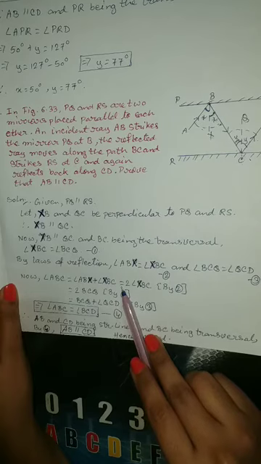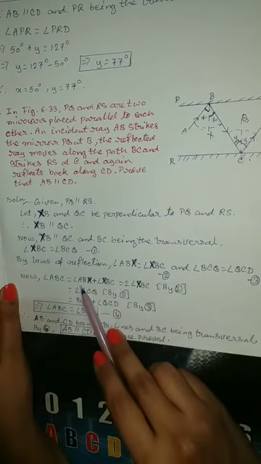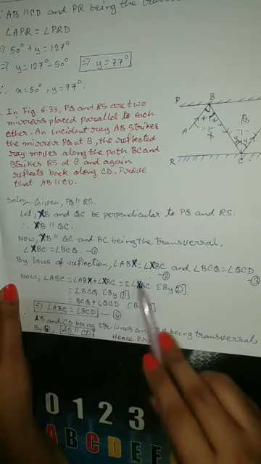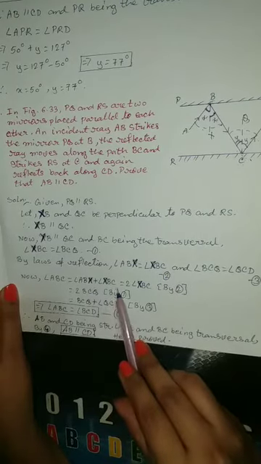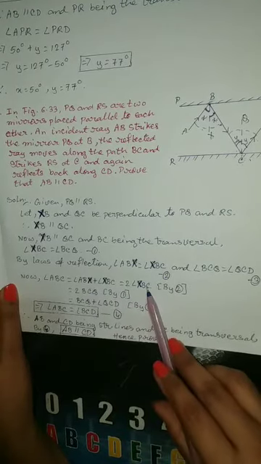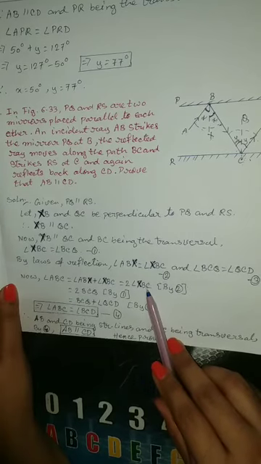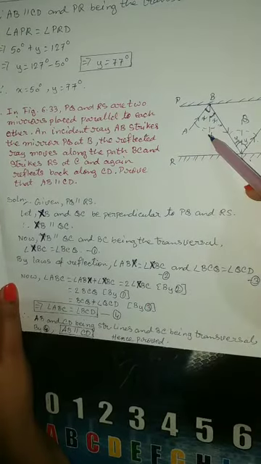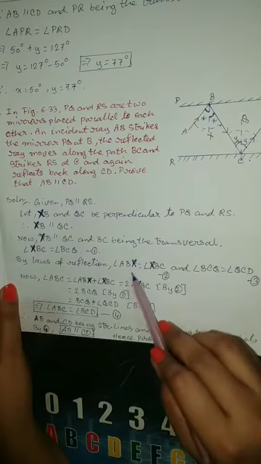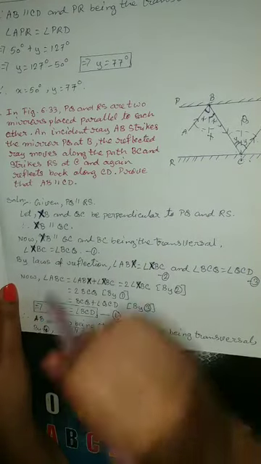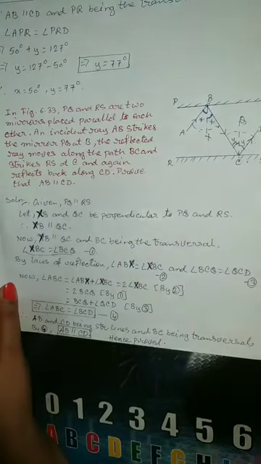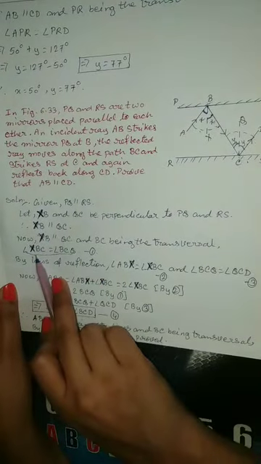So we can replace ABX by XBC, so it will be XBC plus XBC, that is equal to twice of angle XBC. I may also write ABX, no problem, right? But in this case, we have this particular equation here. Here we have XBC.